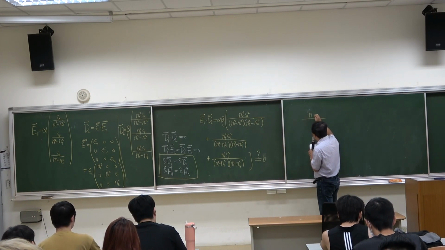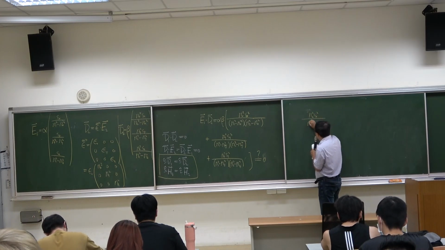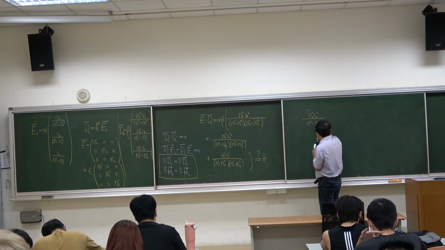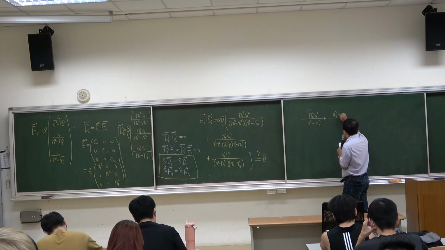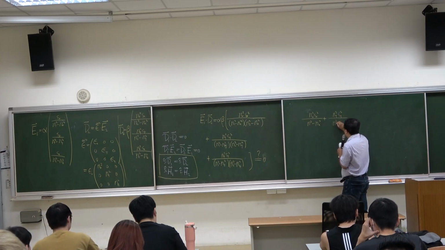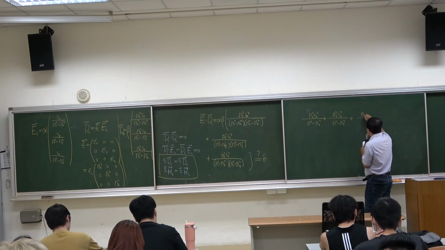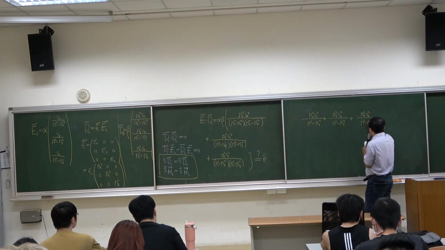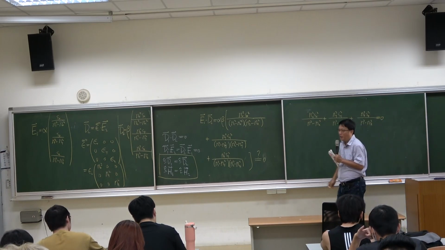Looks like this: nx squared sx squared over n squared minus nx squared plus ny squared sy squared over n squared minus ny squared plus nz squared sz squared over n squared minus nz squared equal to 0. Okay?